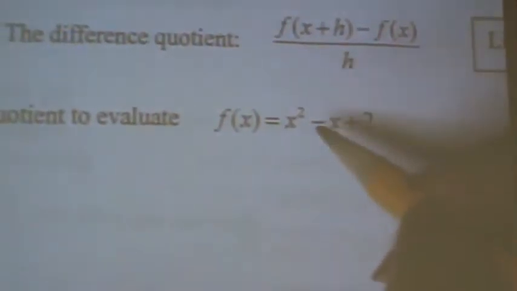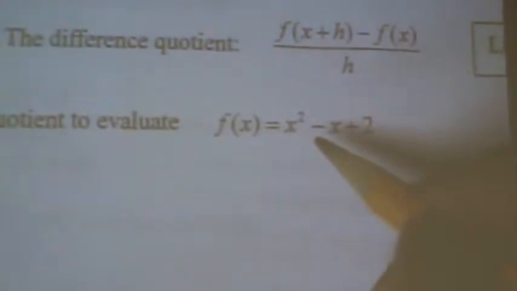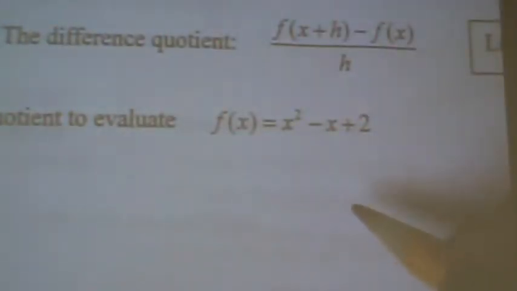This is called the difference quotient rule. It states that f of x plus h minus f of x, divided by h, is called the difference quotient. You're going to be asked to evaluate this function with this difference quotient rule.